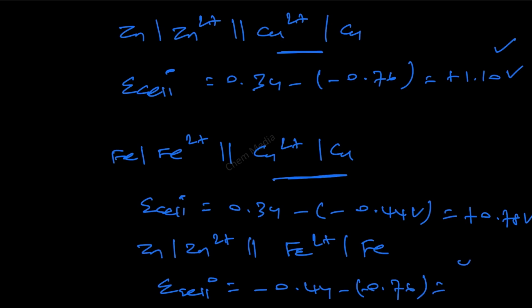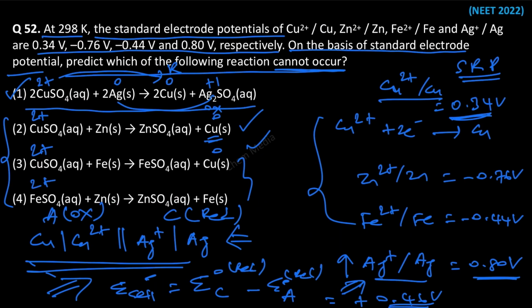This would be plus 0.76 minus 0.44, which is 0.32 volt, isn't it? Therefore, this is also spontaneous. Here Fe2 plus is becoming Fe at the cathode. Therefore, this is also possible, isn't it? So option 1 is the only correct choice here.